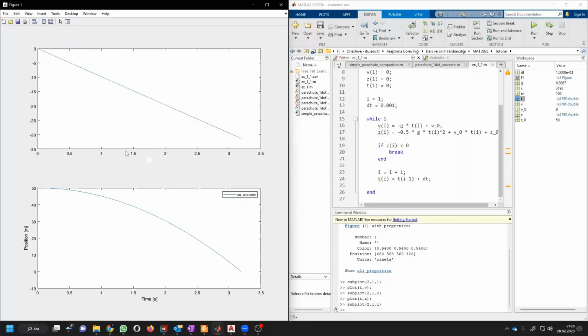Insert x label as time, insert y label as velocity in meter per second. Insert legend as analytical without aero.